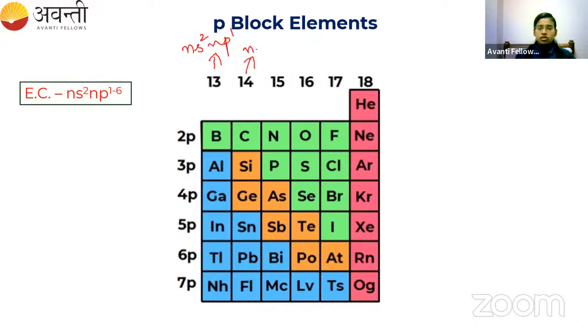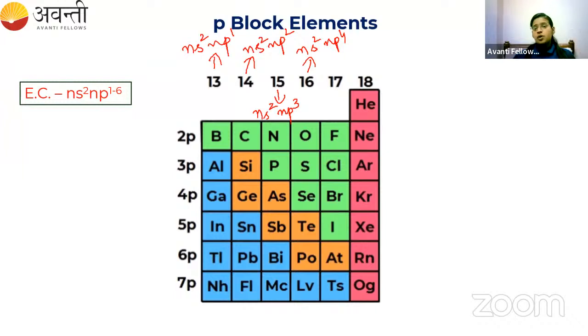For the 14th group, it is ns2 np2. For the 15th group, it is ns2 np3. For the 16th group, it is ns2 np4. For the 17th group, it is ns2 np5. And for the 18th group, it is ns2 np6. So the outer electronic configuration for the entire p block ranges from ns2 np1 to np6.